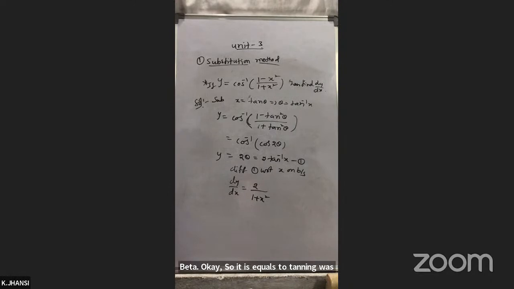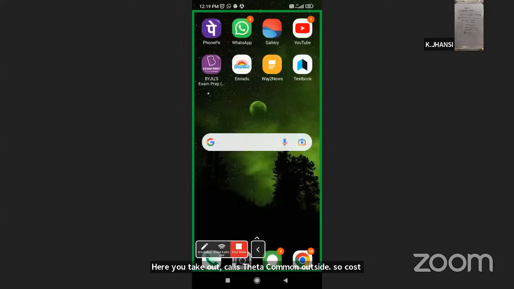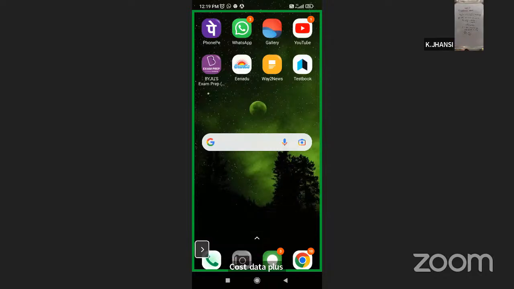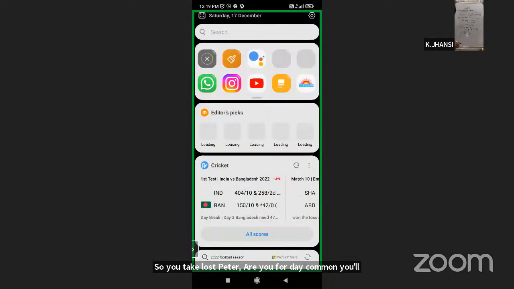How you got 1 plus tan theta means here you take out cos theta common outside. So cos theta plus sin theta is there, no? So you take cos theta common, you'll get 1 plus sin theta by cos theta. Then it will become 1 plus tan theta.